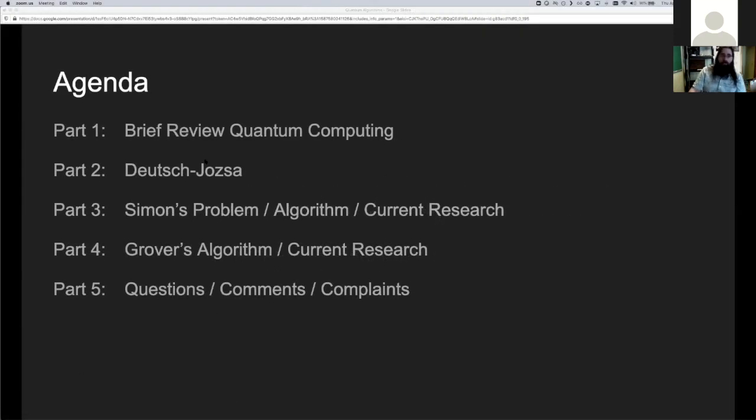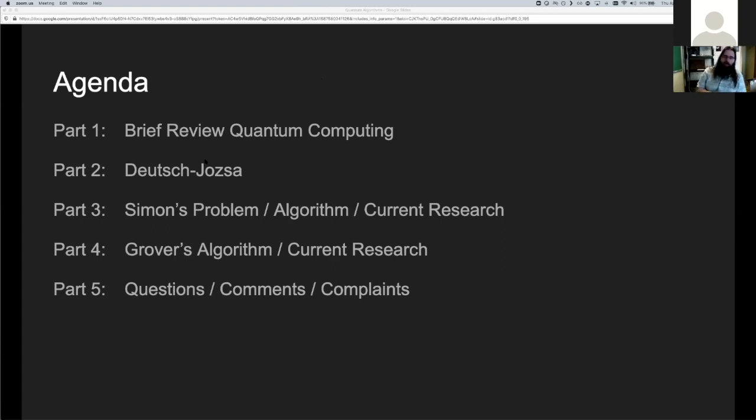Okay, I'm going to go over a brief review of quantum computing. Since you guys have been doing some of this, I'm going to go over it somewhat fast, but if there are any questions, obviously feel free to ask. Then I'm going to go into three foundational quantum algorithms that are gate model based.